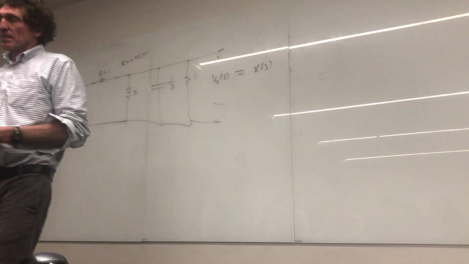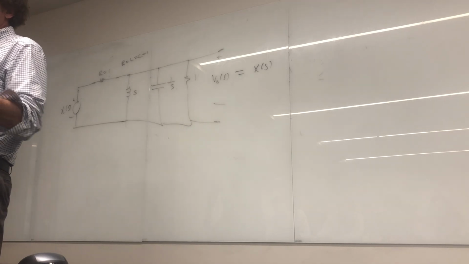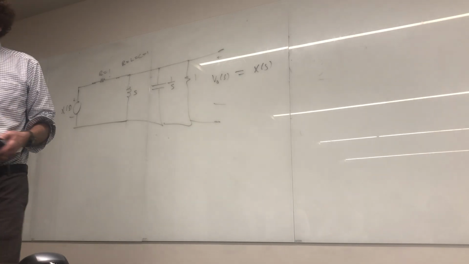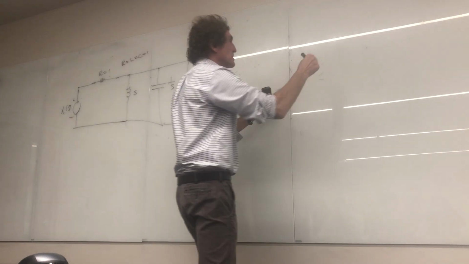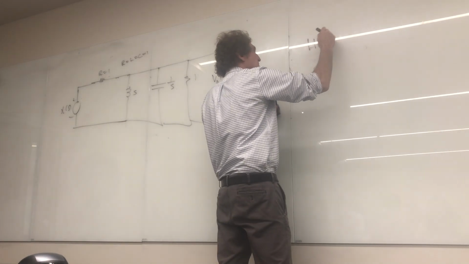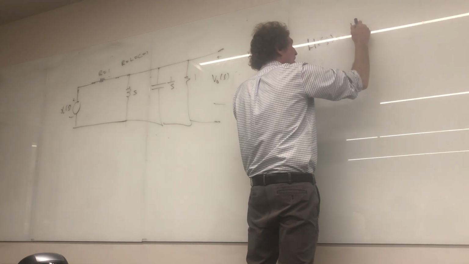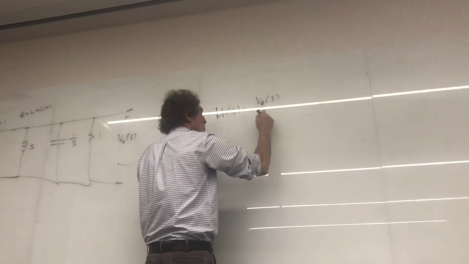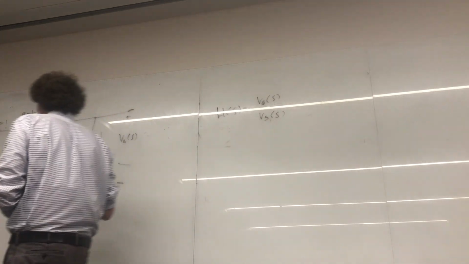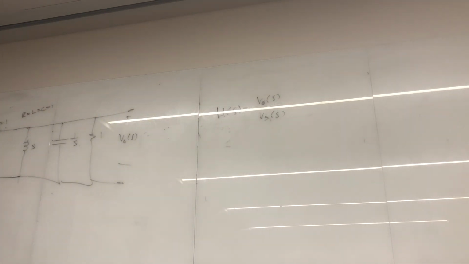In the first part, they want H of S, and in the second part, it gives you an X of S. Let's get the transfer function. H of S is equal to V out of S over V source of S. Call it V source here instead of X.